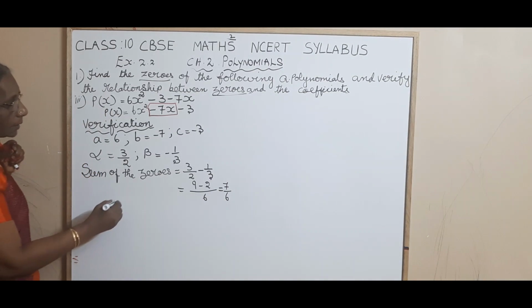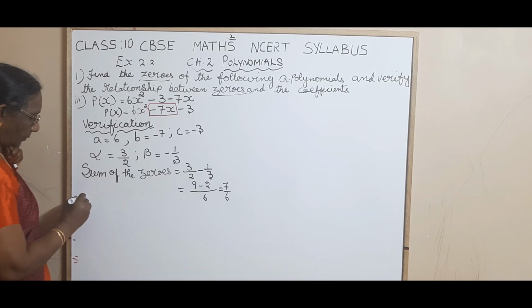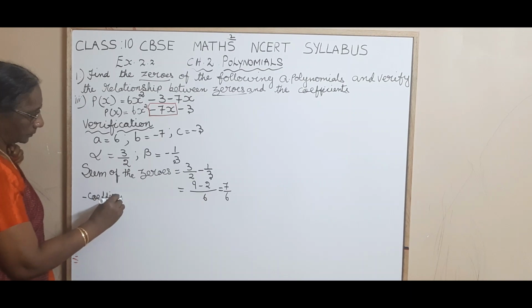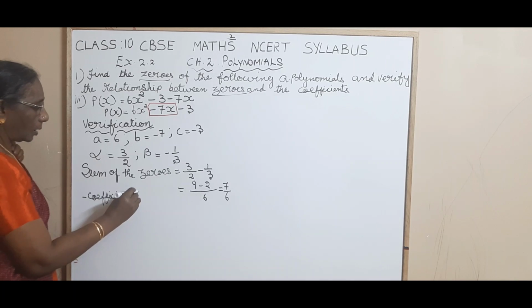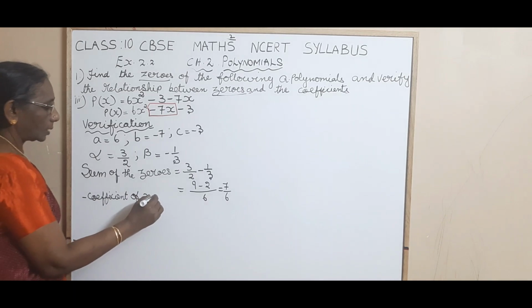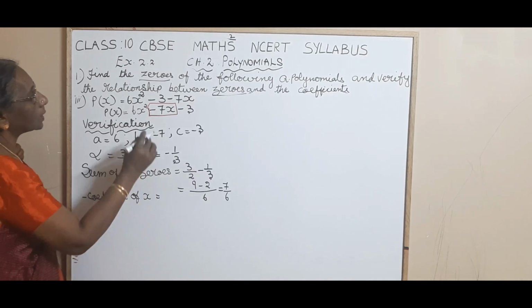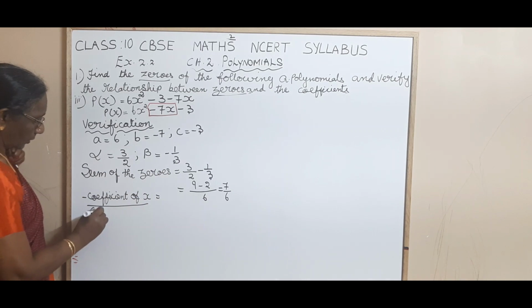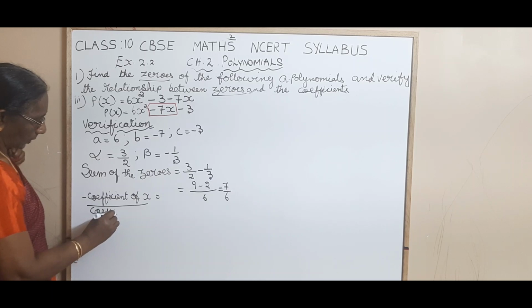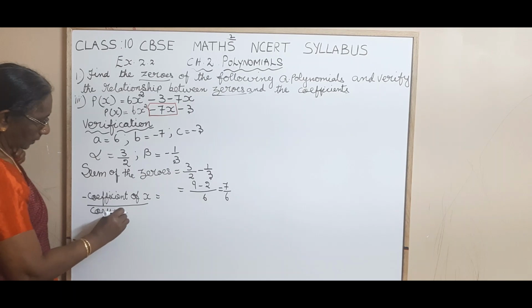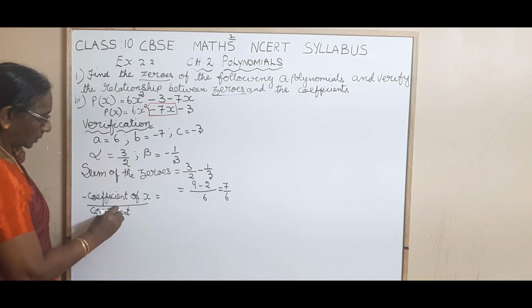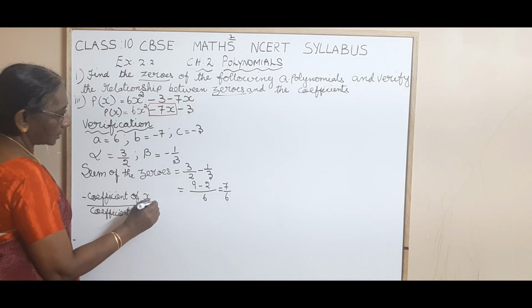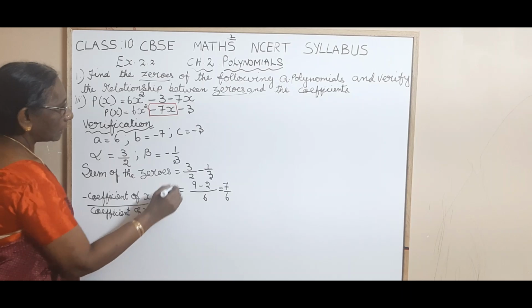Now let us find minus coefficient of x divided by coefficient of x squared.